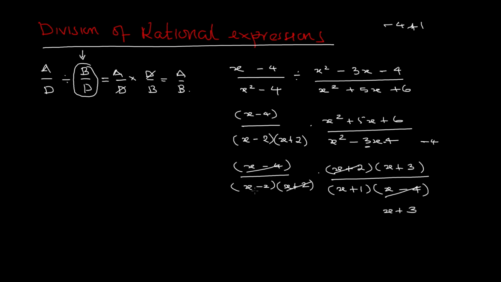And then I'll return the x minus 2. Because this is cancelled, then I'll return the x plus 1. Like that. So my final answer here would be this expression here.